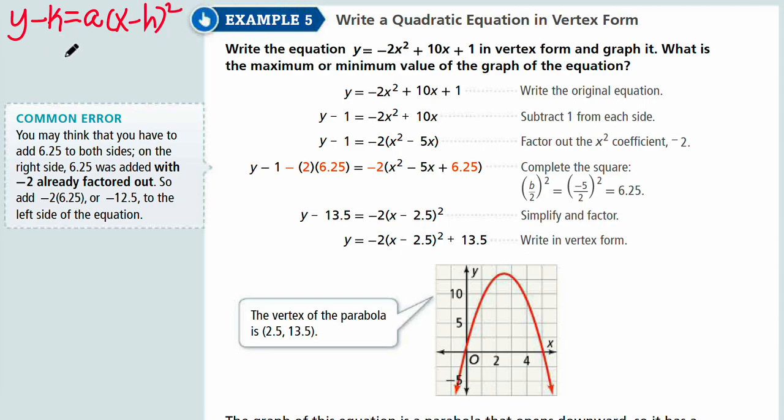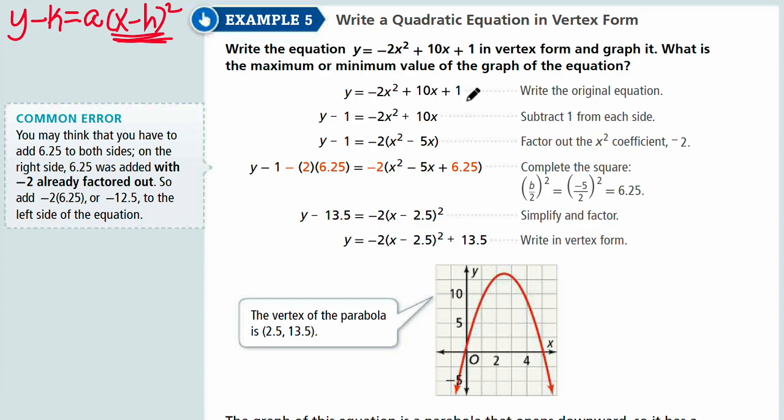Right? That's your vertex form of quadratics. So what we want is a factor here, a perfect factor, x minus h squared. So in order to do that, we have to make the terms that have the variable x as the perfect square trinomial.